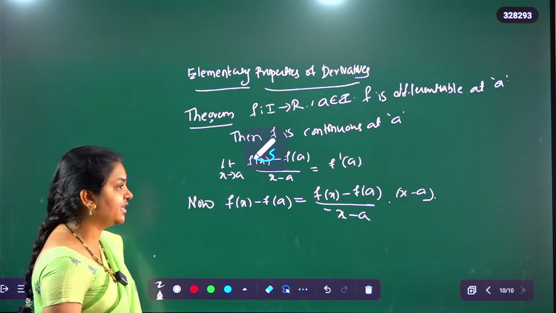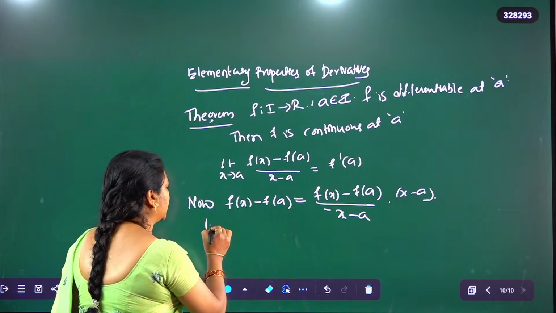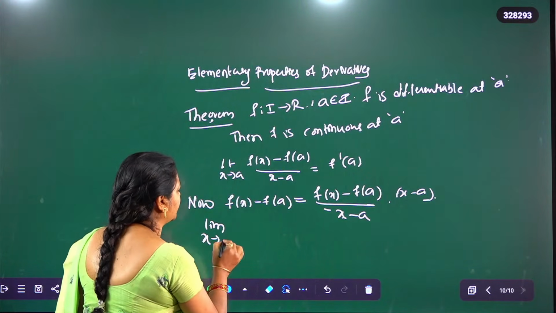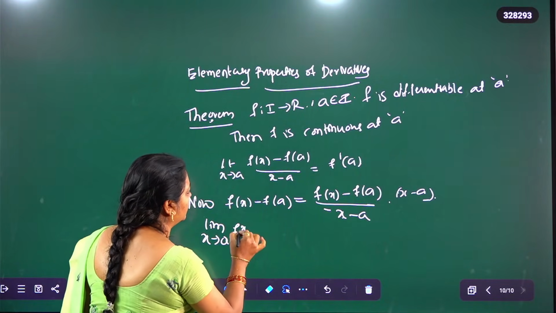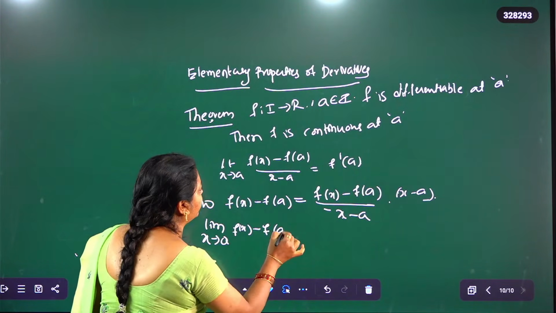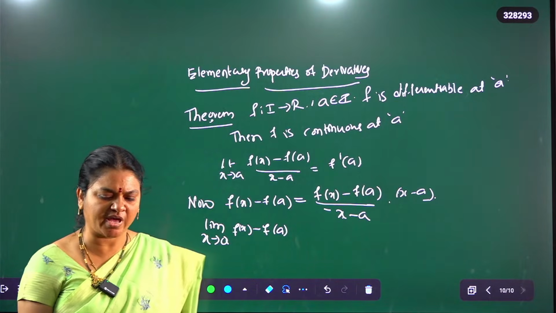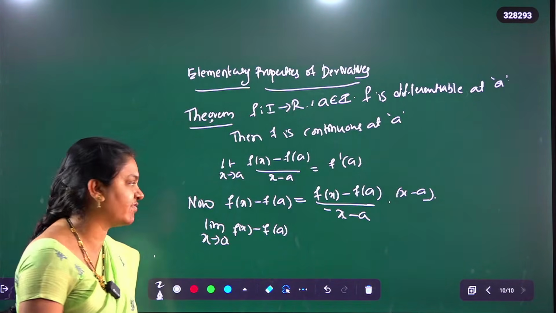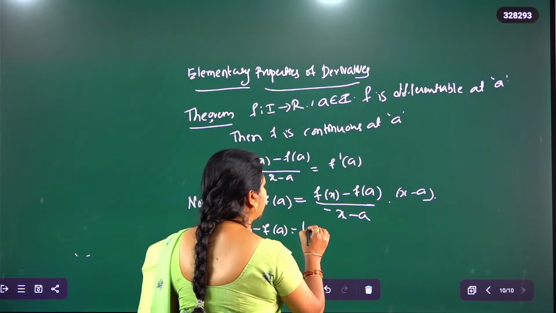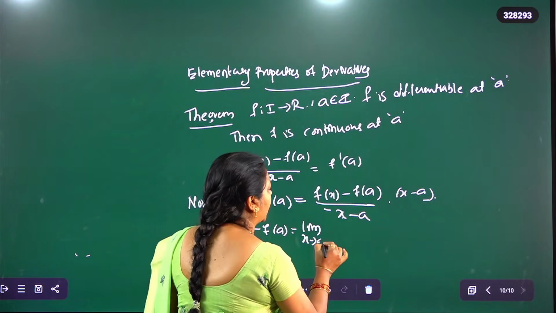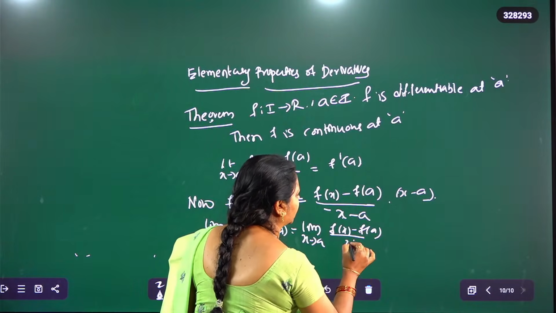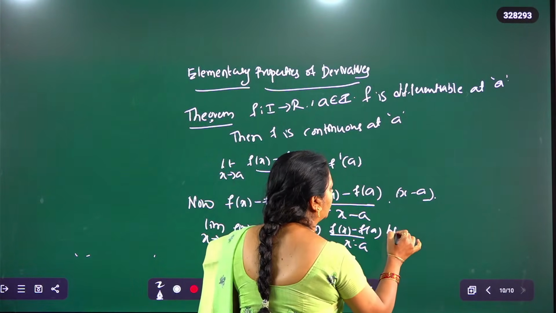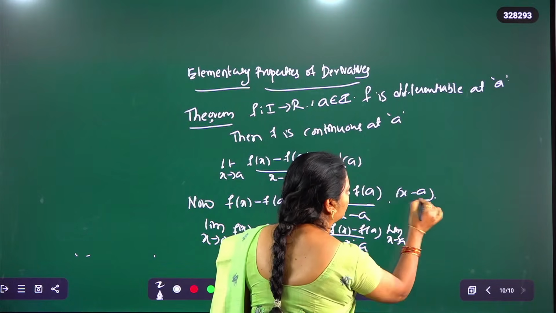Right. So here, now we will apply limit x tends to a to f of x minus f of a. That is, limit x tends to a of (f of x minus f of a) by (x minus a), and here also we have limit x tends to a of (x minus a).